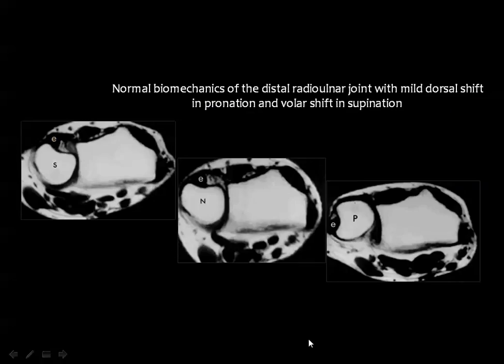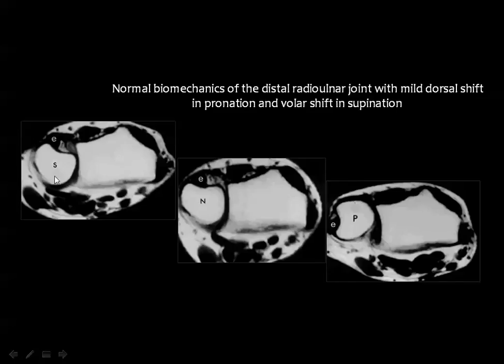And if you put the hand in supination or in pronation or in the neutral position, like the lateral view of the wrist by the X-ray, then there should be some changes in the relation of the ulna to the radius in different positions.